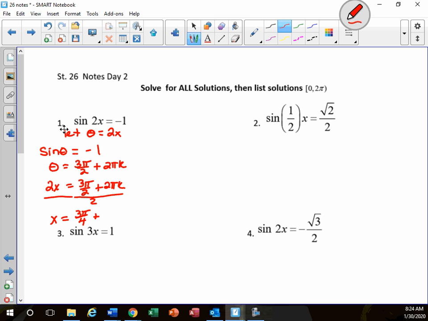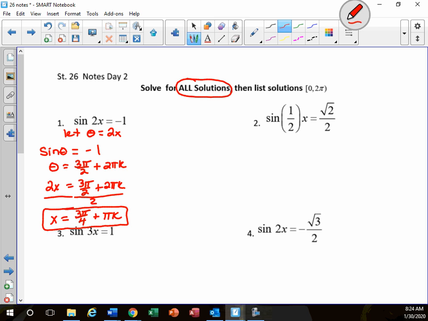All right, you're also dividing 2 pi k by 2. So what am I left with? Pi k. Okay, that is part of our answer. If it only said all solutions, you'd be done. Okay, because that's all of them. With the k in there, you're going to keep going around the circle. That's the end.